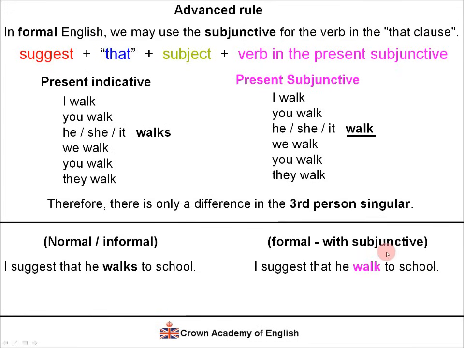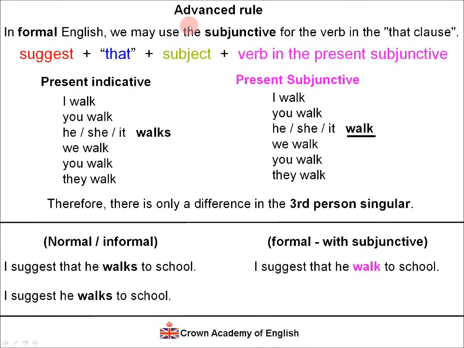Okay, that he walk, without the S. And remember that in normal or informal English, the word that is optional. Sometimes we can choose to omit this word. So for this context, we can also say, I suggest he walks to school. But for formal English, we always keep the word that. So we would have that and the subjunctive.